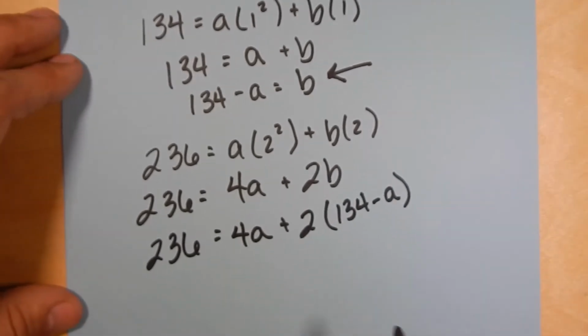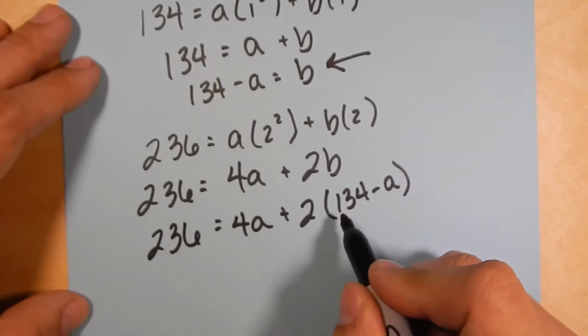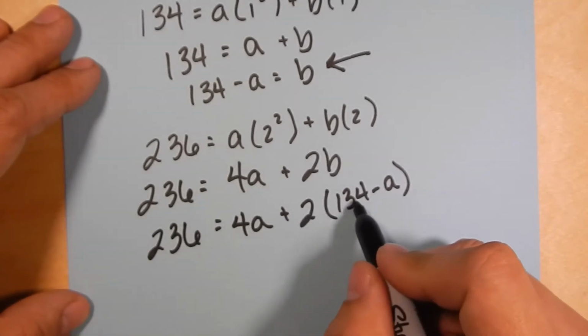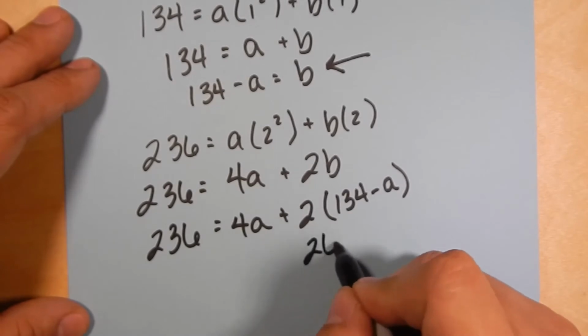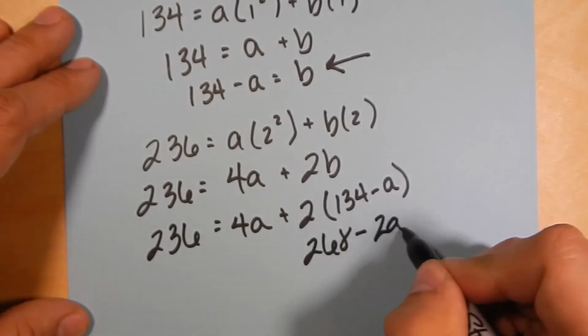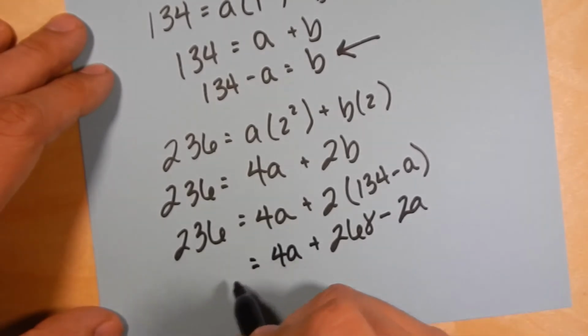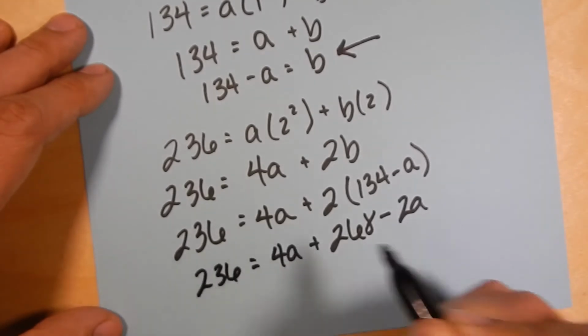And then we get some stuff. So let's do some distributive property here. So we got 2 times 134, that is 268, minus 2a, and that is 4a comes along, and that's 236.